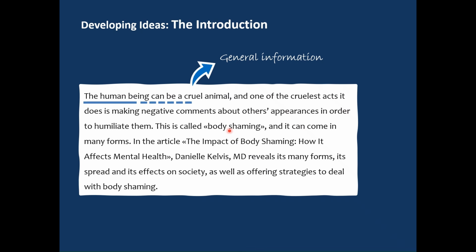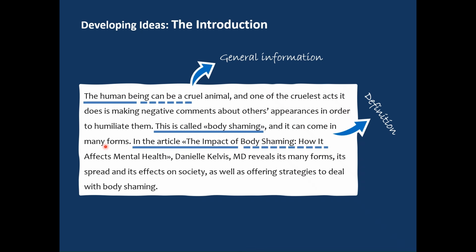This is called body shaming, and here is a definition of the topic for the reader who doesn't know what it is. So it starts with being cruel, gives an example of a cruel act, and names it, which smoothly flows to the definition of body shaming.